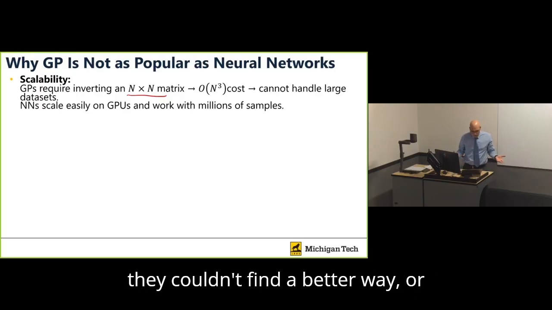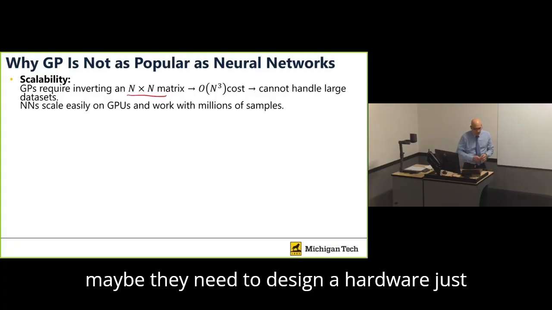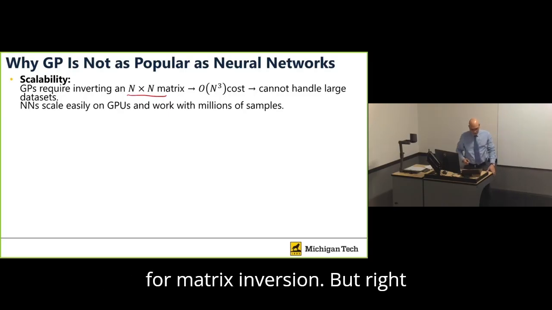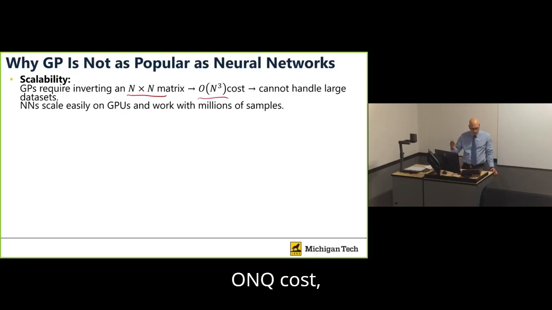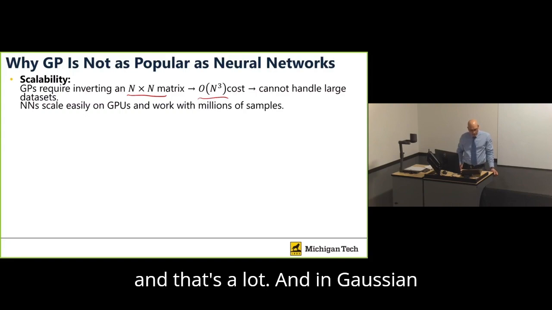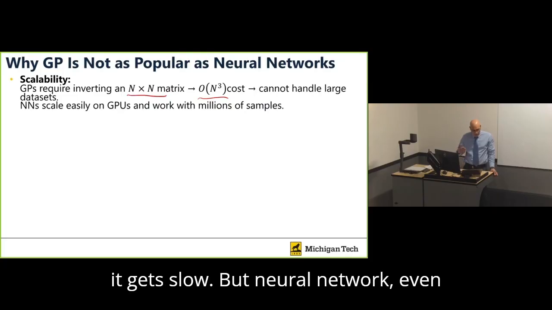And they couldn't find a better way, or maybe they need to design hardware just for matrix inversion. But right now it's O(n^2), O(n^3) cost, and that's a lot. And in Gaussian process, we need this each time. So that's why it gets slow.